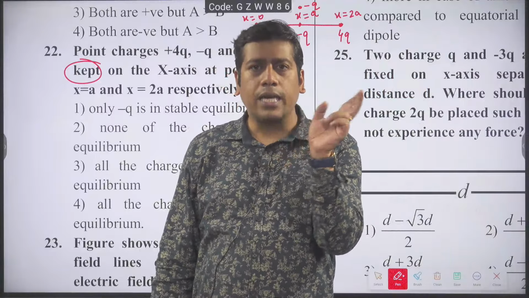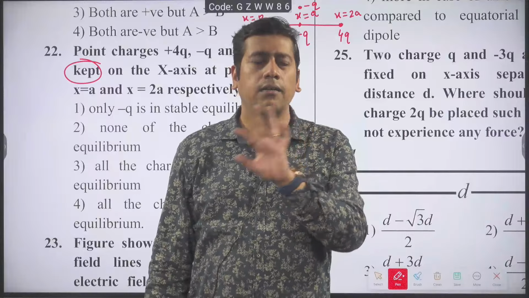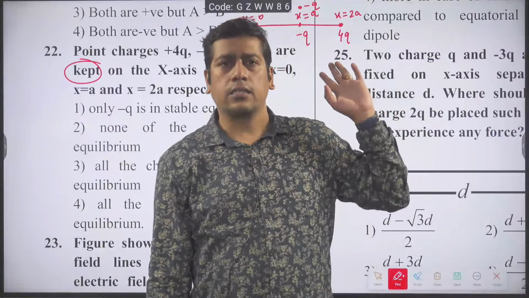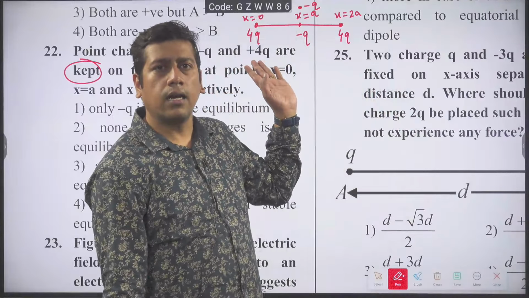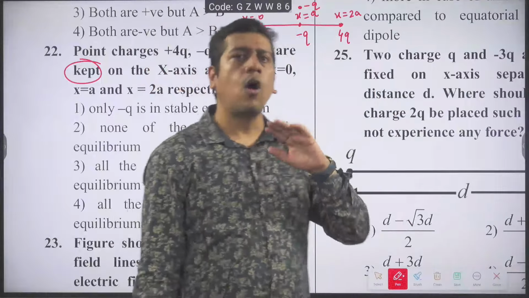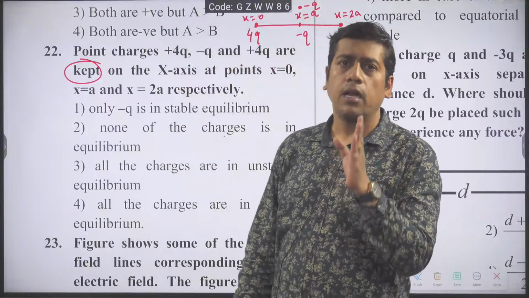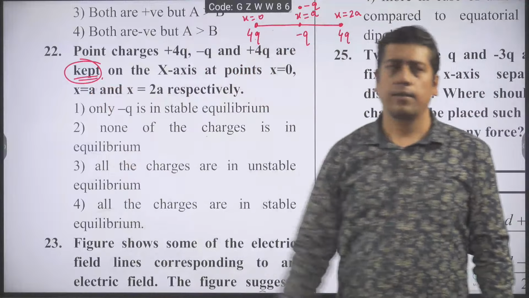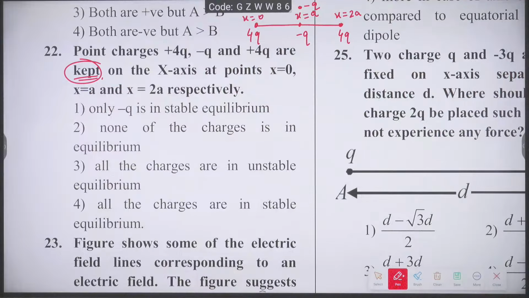The moment you displace any one of the 3 charges, the entire equilibrium will be disturbed forever, and this arrangement we will not get back. That means all are in unstable equilibrium because these charges are kept. Okay, so option number 3 is correct.